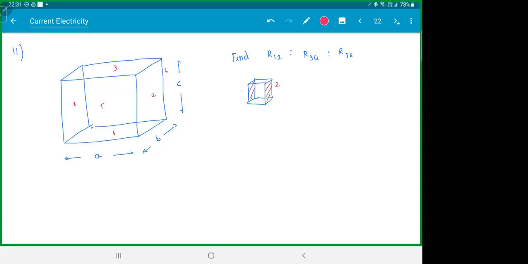The battery is between these two terminals. 3, 4 meaning that is 3 and this is 4. 5 and 6 meaning the front and back.